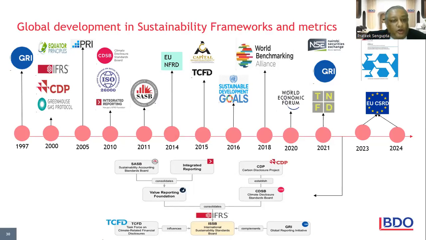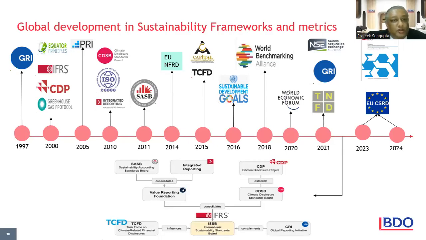If we look at 2000, again, a lot of important new frameworks were introduced into the market. The Equator Principles, which are critical to financial institutions. The IFRS, the Global Financial Reporting Body and Authority, started adopting non-financial reporting principles. The Carbon Disclosure Project, CDP, also began in 2000.